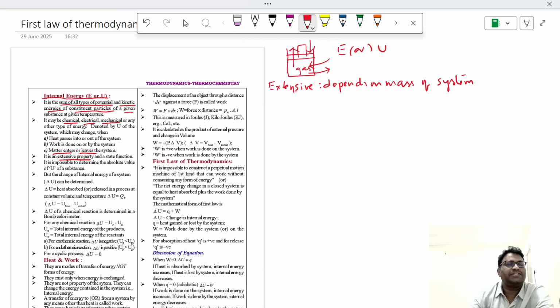That is called an extensive property. Extensive properties are additive in nature. Additive means they can be added.